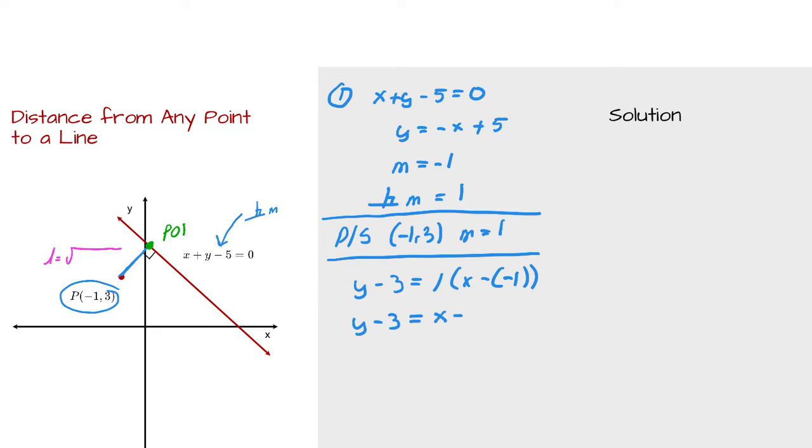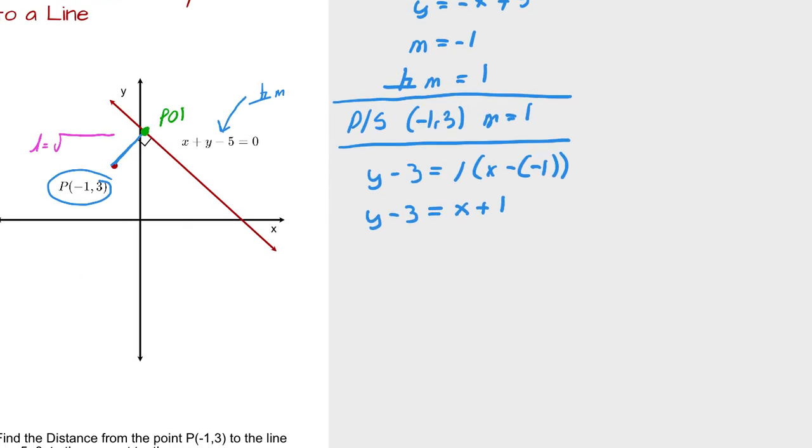So I'll tidy up the bracket, and I'll get x plus 1 because of the double negative. I'm going to bring my x over, it becomes negative, add the y, and I'll put the numbers on the right. So negative x plus y equals 4.